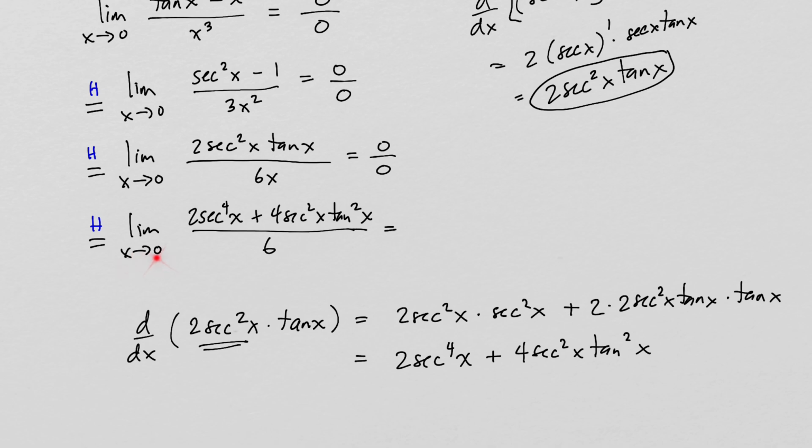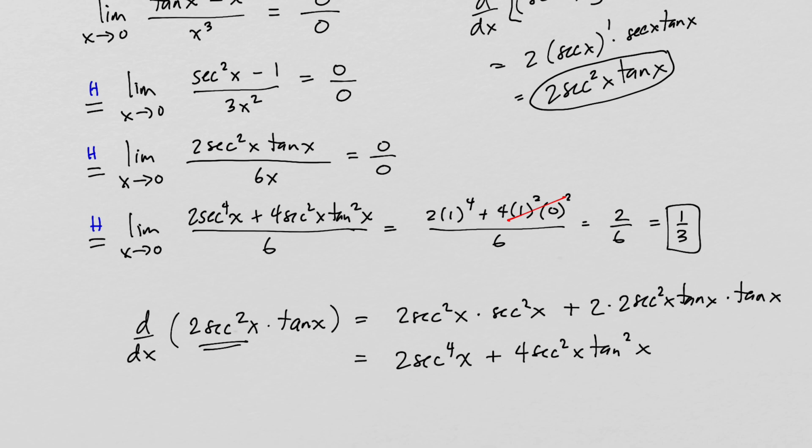So as x goes to 0, secant of 0 is 1, so that becomes 2 times 1 to the 4th. Plus, then we have 4 times secant of 0 is 1, so we have 1 squared. And then tangent of 0 is 0, so that's 0 squared. And the denominator is a constant. And of course, this equals 0. And so what we have here is 2 divided by 6, which simplifies to 1/3.